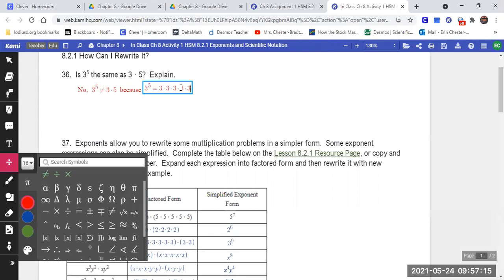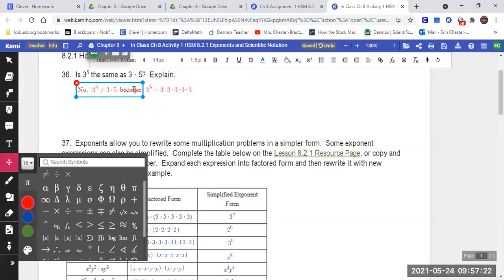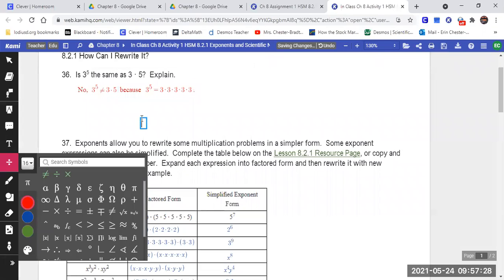Right? Do we agree? So I'll go back to this and I go space, space, space, space, space, space, space. We didn't even have to make it complicated. Now save and turn in.